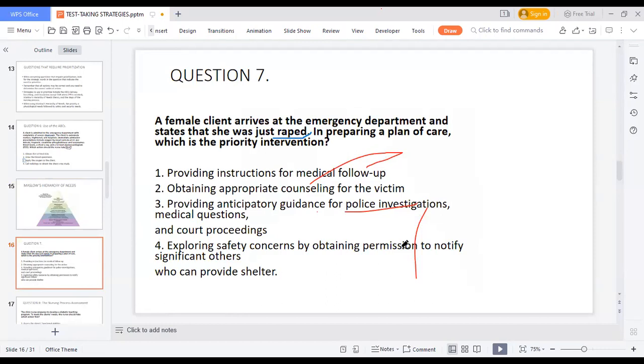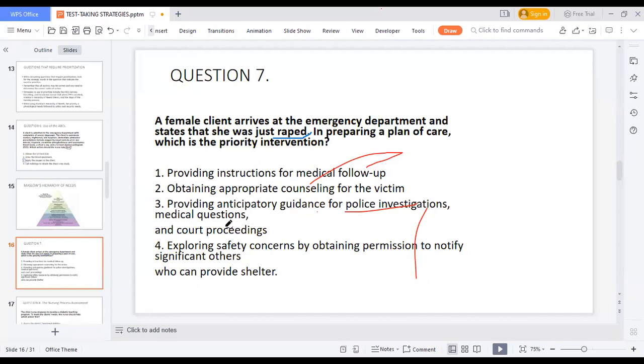You should be looking at physiological need first. If you don't have it, you move to the next. What am I looking for? I'm looking for safety and security. Option 3 says, providing anticipatory guidance for police investigations and medical suggestions.